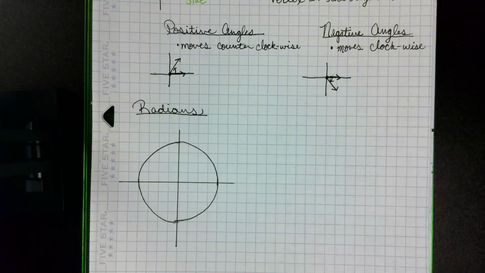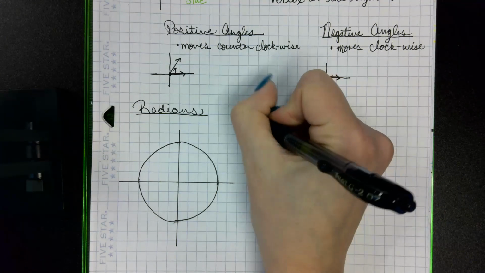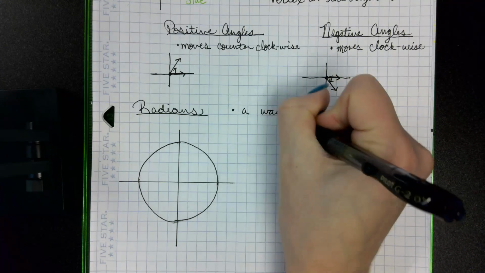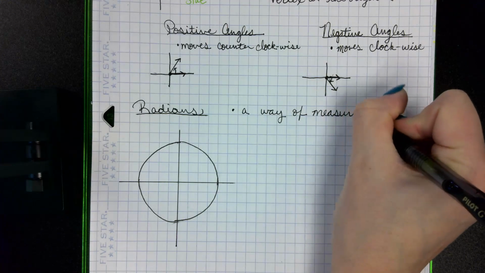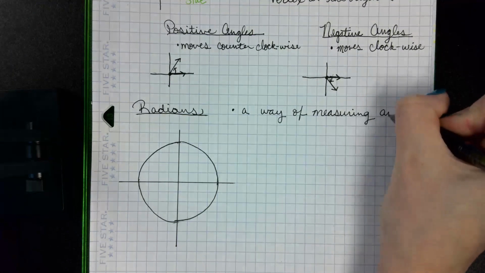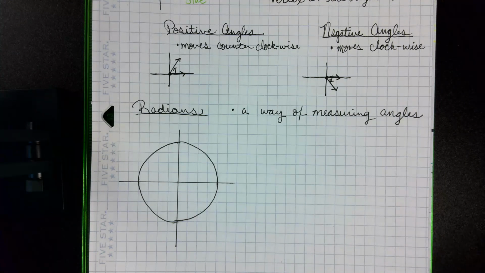Radians are a way of measuring angles. Just like degrees are a way of measuring angles, and that's the one that you're used to, radians is another one.